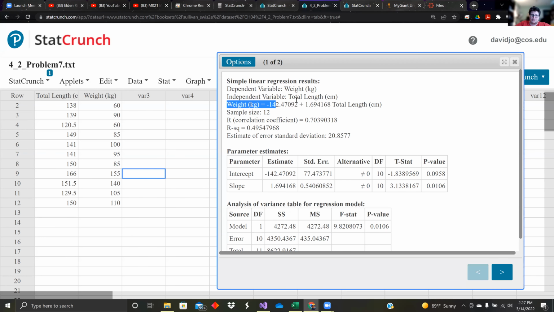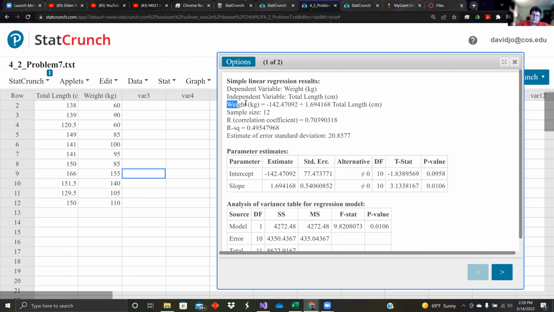This fitted line here correlates with this equation right here. So we need this R correlation value. So I'm going to write that down in my notes real quick. 0.703900318. And while I'm there, I'm going to write down that equation again.